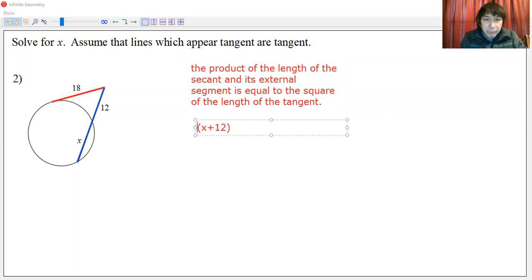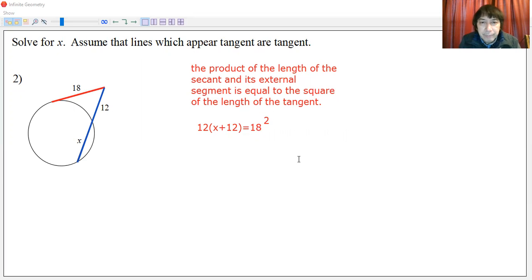So we put a 12 here, 12 times the expression in the parentheses. This is now equal to the square of the 18, that's the length of the tangent. So this is 18 squared.